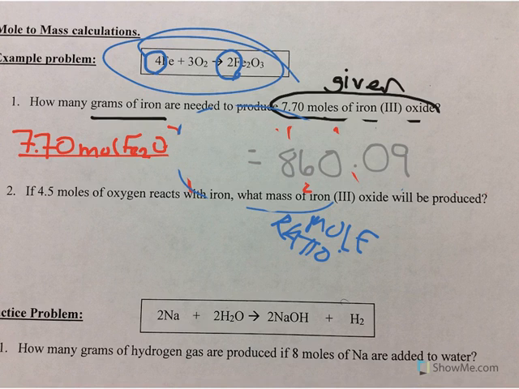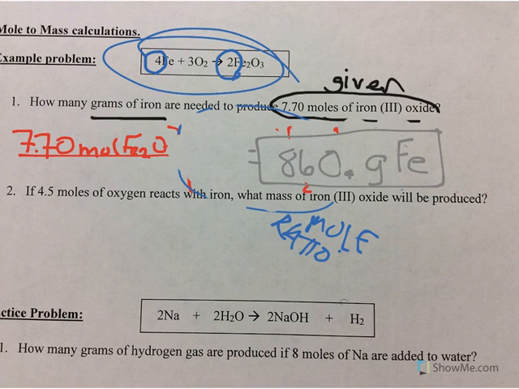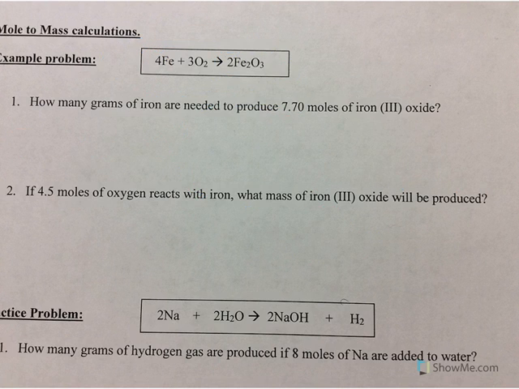I need 3 sig figs, so I'm just going to round that to 860 with a decimal. And that is grams of Fe. Put it in a box, we're done. Okay? So this is just about going from point A to point B.